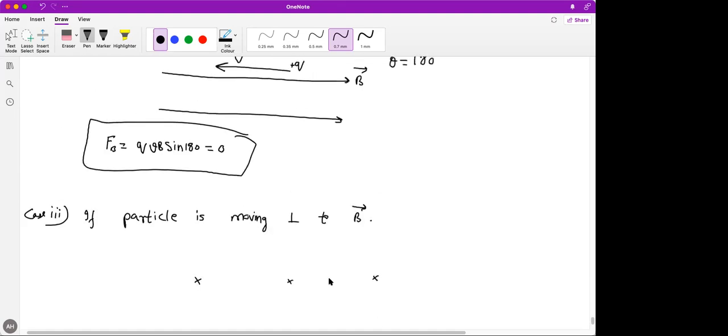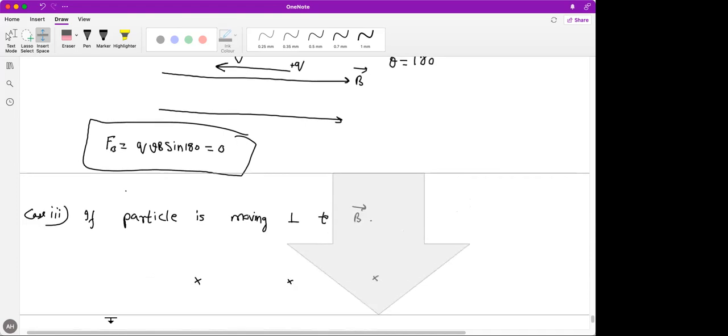Before starting this topic, let's revise centripetal force. I will need centripetal force.